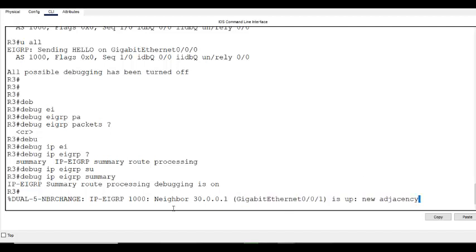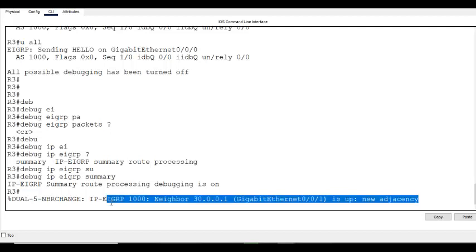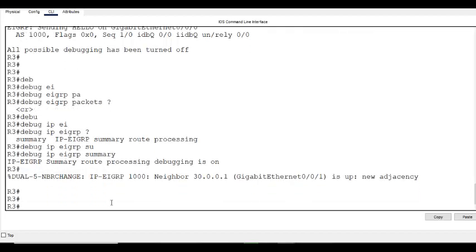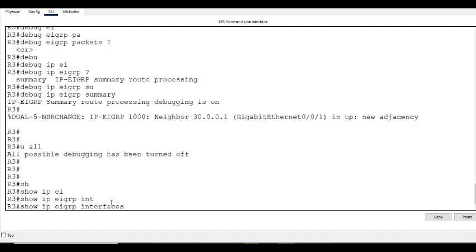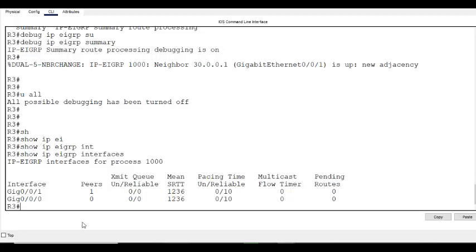And this neighbor is up for the last 1 minute 46 seconds. Can anyone tell me the dead time in EIGRP? After how many seconds will EIGRP consider a neighbor as dead?